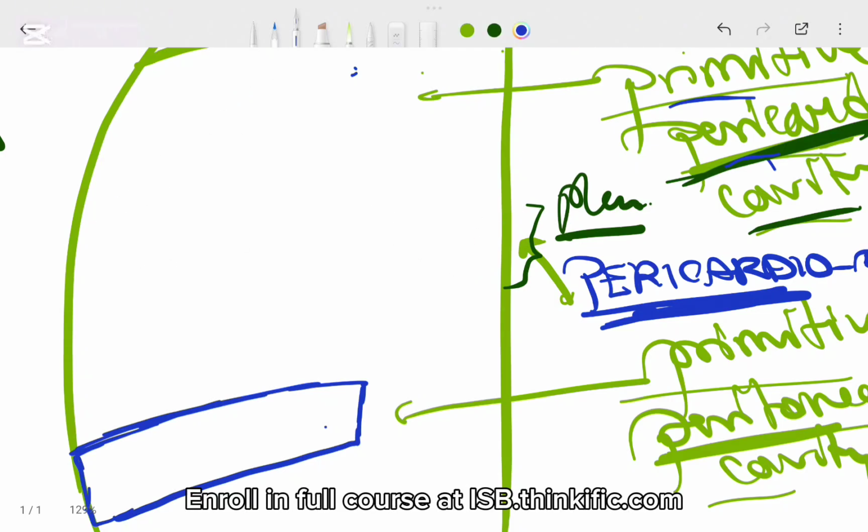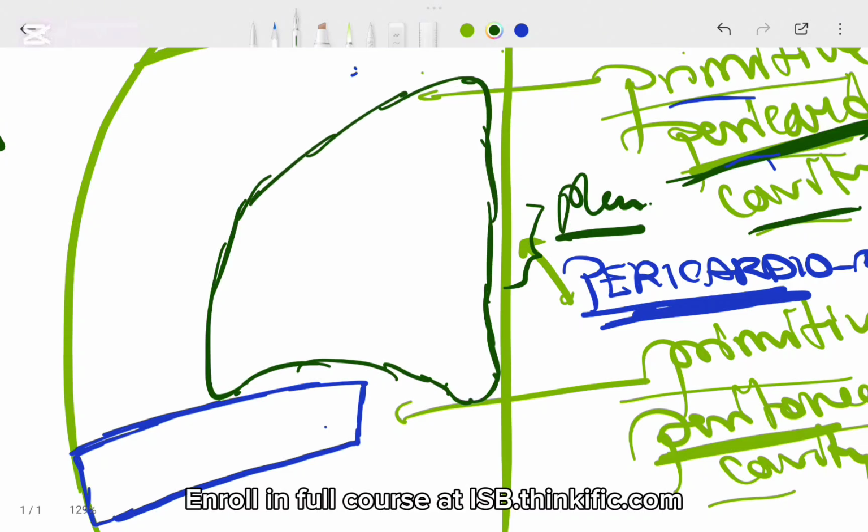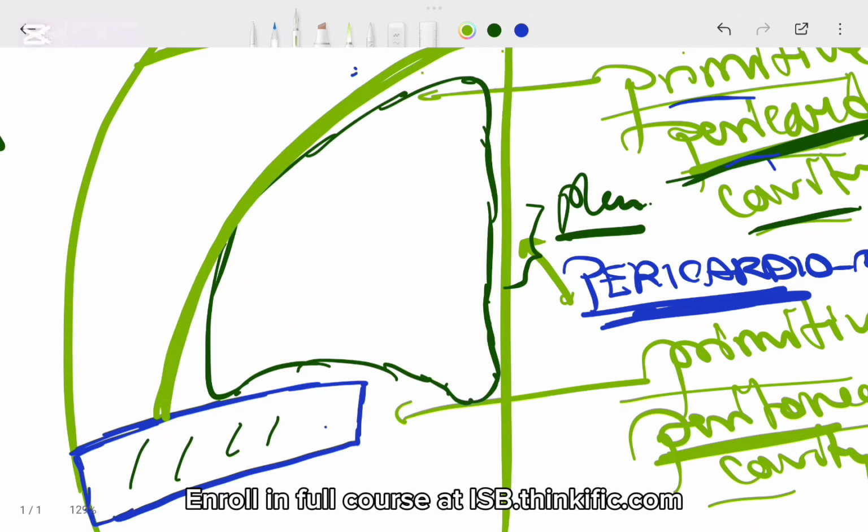So the lungs have grown very, very well. This is the lung. The septum transversum has descended. And the membrane is like this now, you get me?